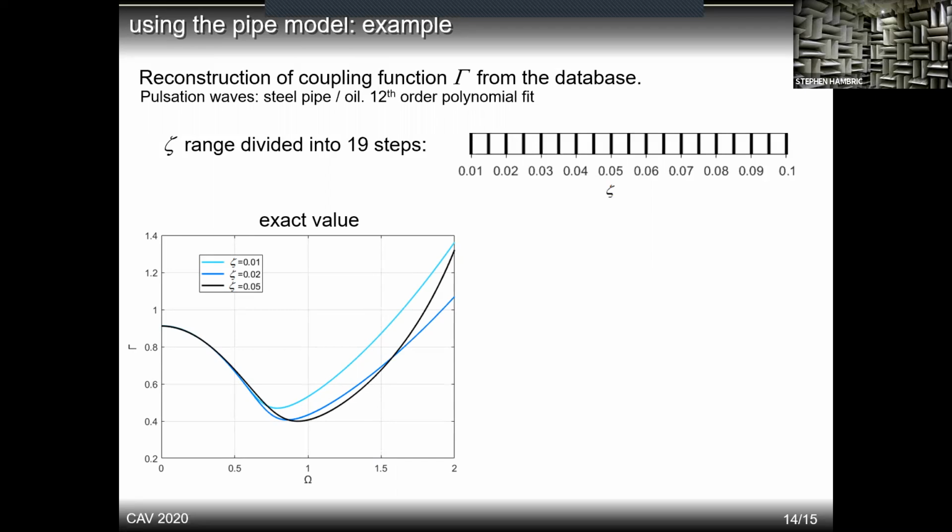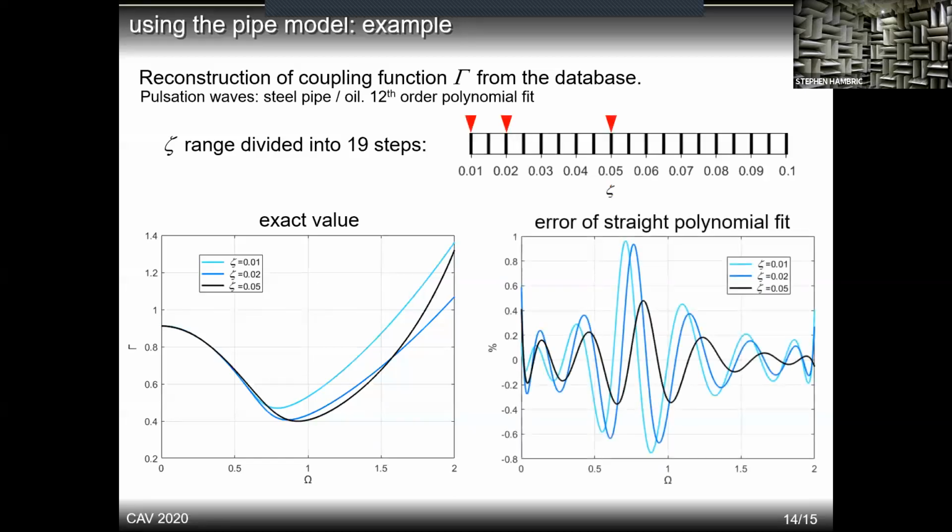If we now make the computation out of polynomials which have been stored in the database for these 3 values, we shall get an error which will be fairly small. But one reason for it being very small is that the values of zeta were those which were used to create the database.